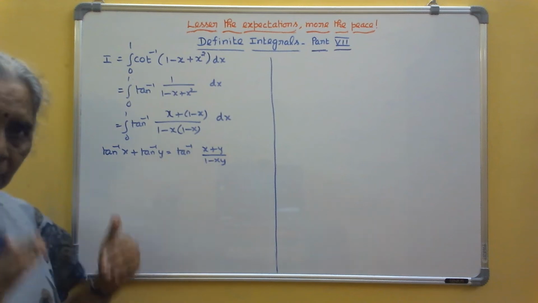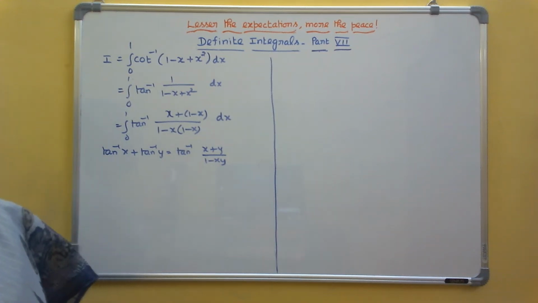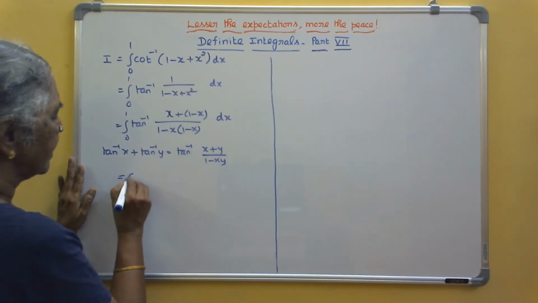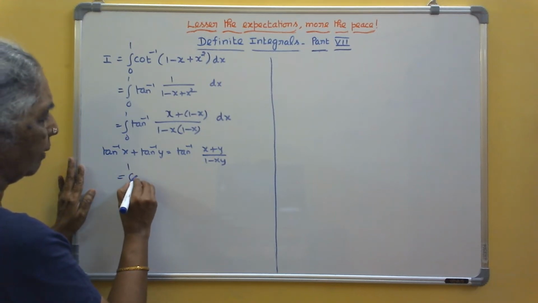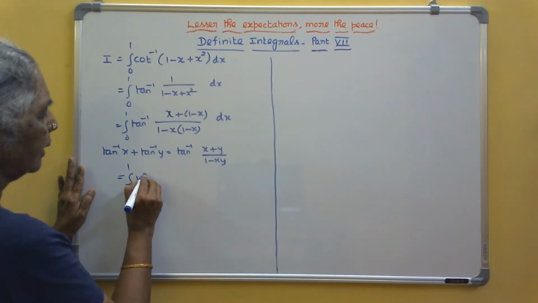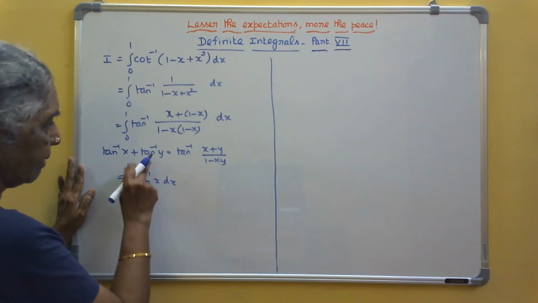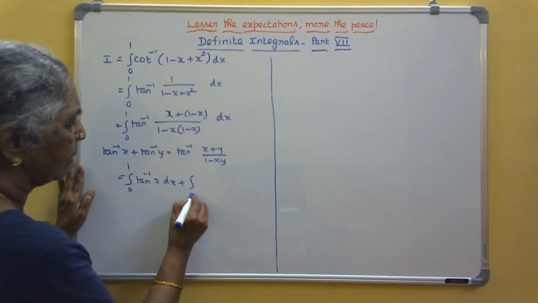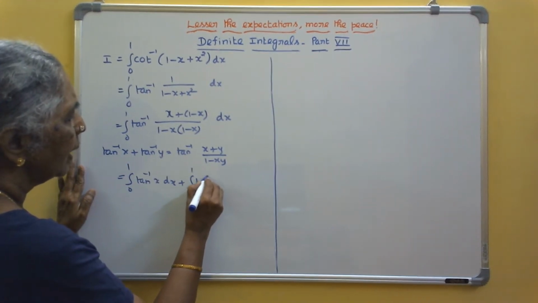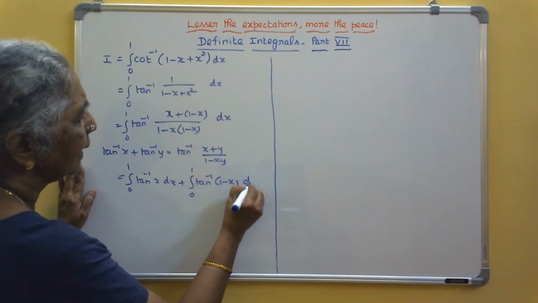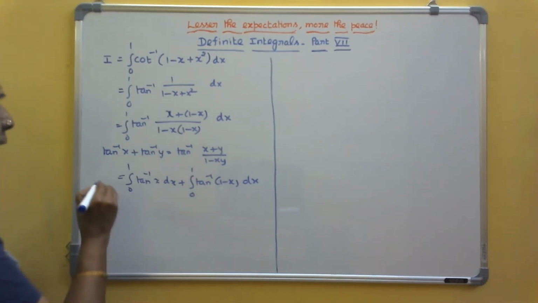In the place of x I have x, in the place of y I have 1 minus x. So I will write this as integral 0 to 1 tan inverse x dx as one integral, and a separate integral 0 to 1 tan inverse of (1 minus x) dx. Right? This is my I now.